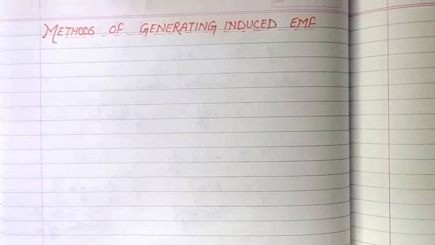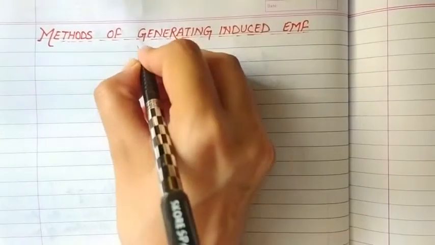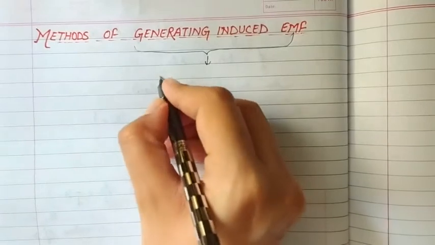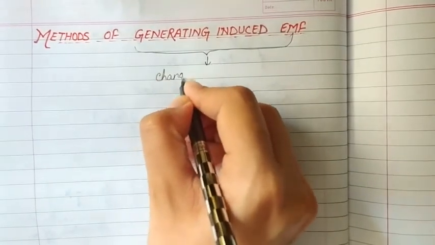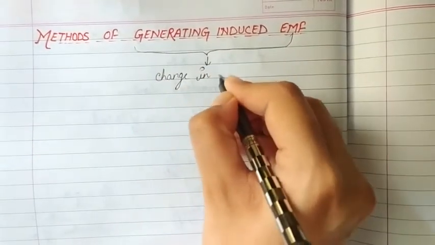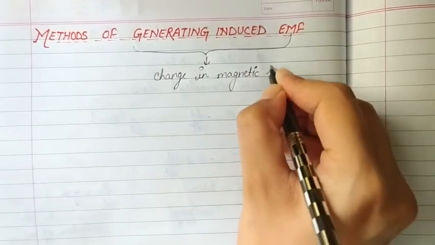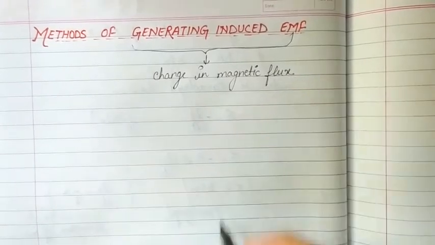As the reason for generating induced EMF is change in magnetic flux, we want to know what are the methods by which we can change the magnetic flux.